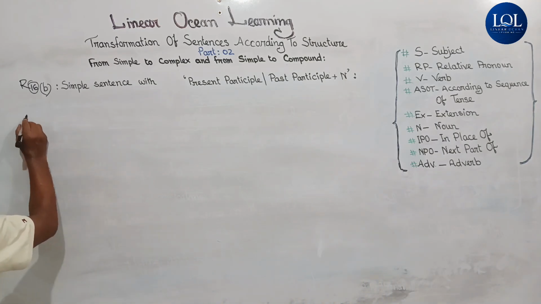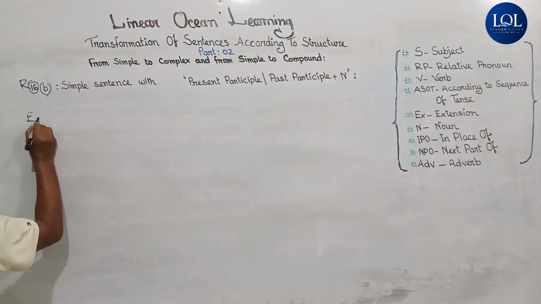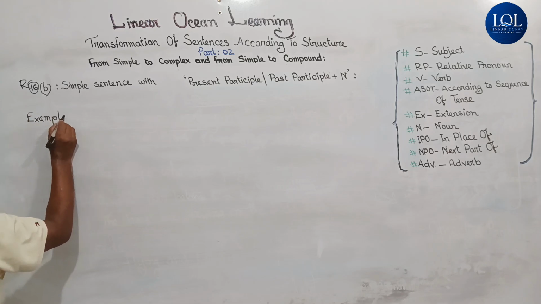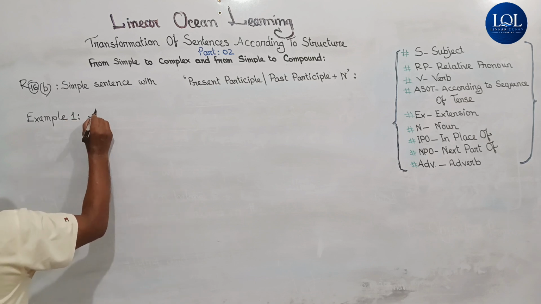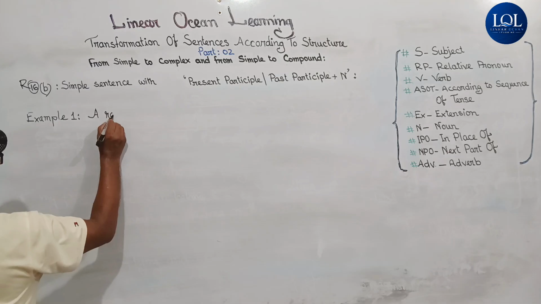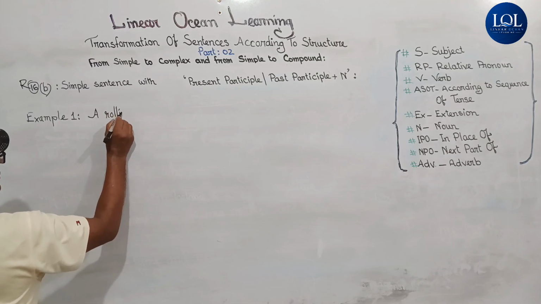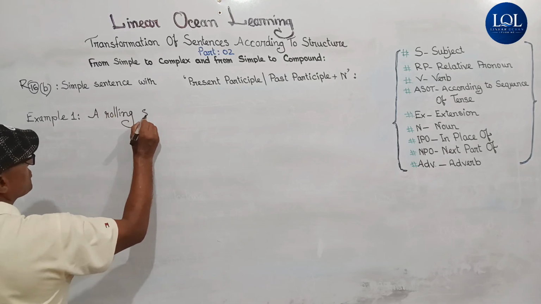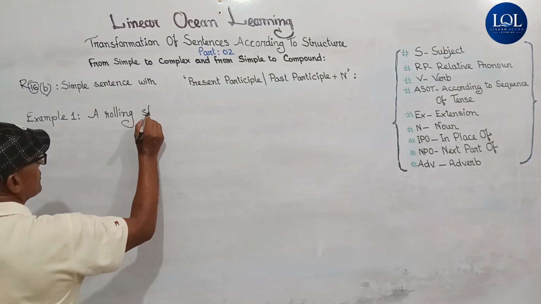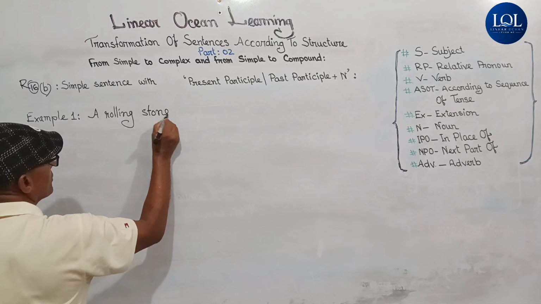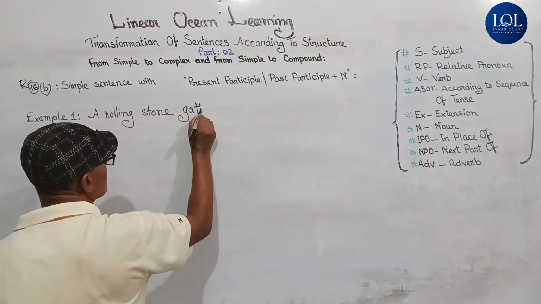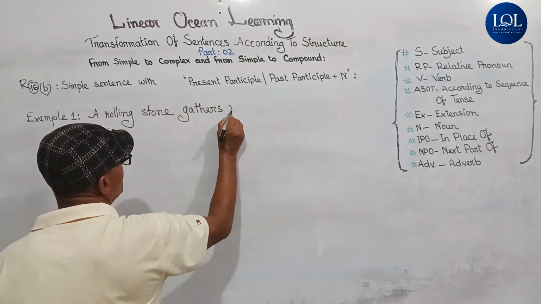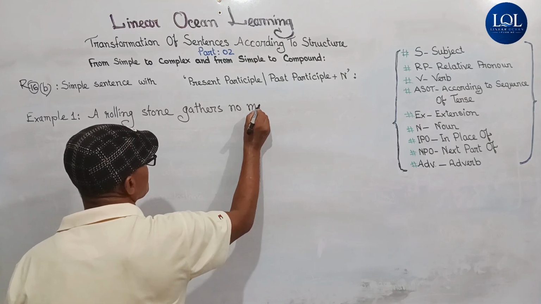Example 1. A rolling stone gathers no moss.